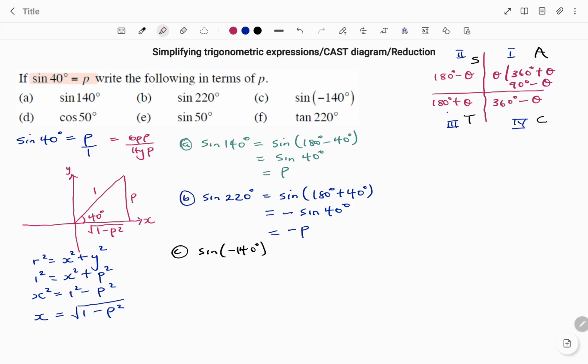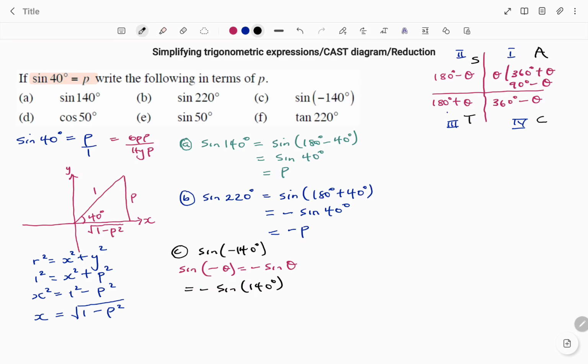To solve that question, I can use two methods. The first method is to use the negative angle rule, which states that the sine of a negative angle will give you minus sine theta. So therefore, sine minus 140 will be equal to minus sine 140 degrees.